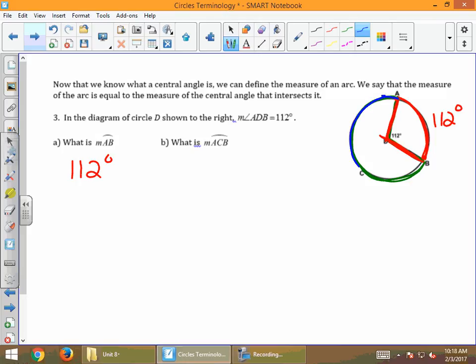Well, we only want to go that much. We can take the measure of that arc, 112, and subtract it from 360. We have the measure of that big arc. And what did we say it was again? 248. There we go.